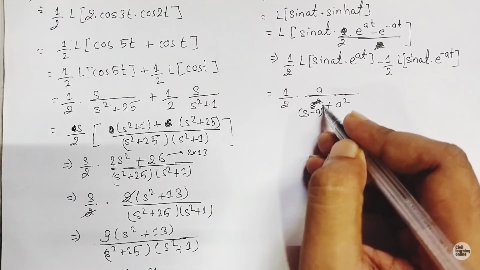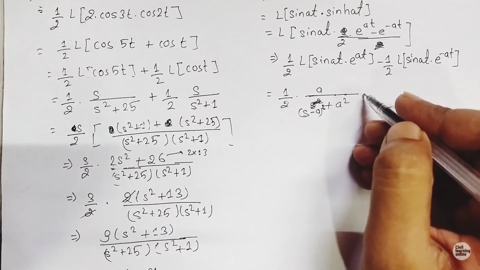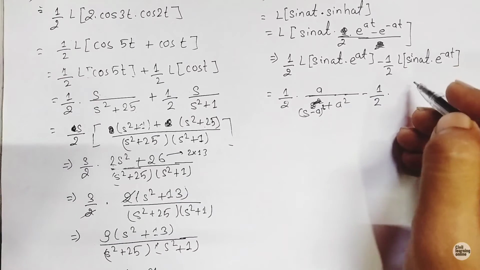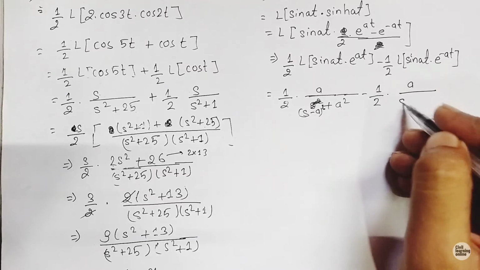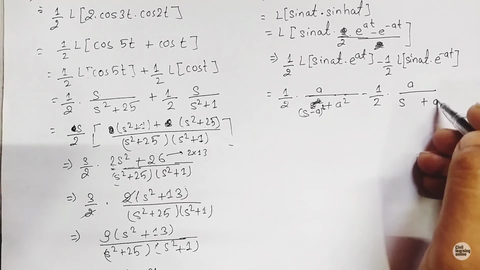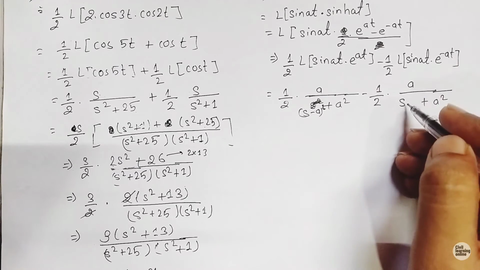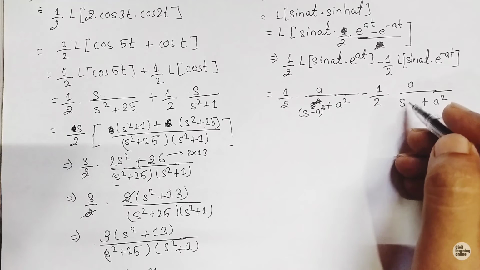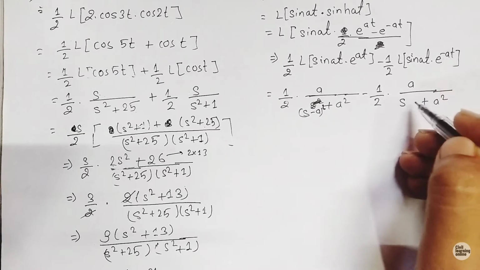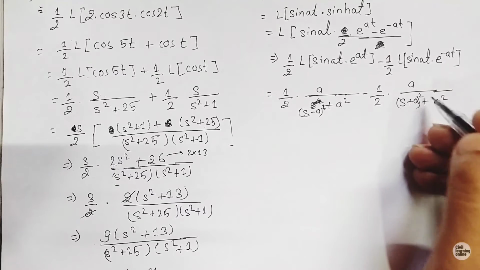That's it. See once again, 1 by 2, we remember the sin at formula is a upon s square plus a square, and due to this exponential we have to make some addition to this s term. So we have minus at means we need to write plus a square.